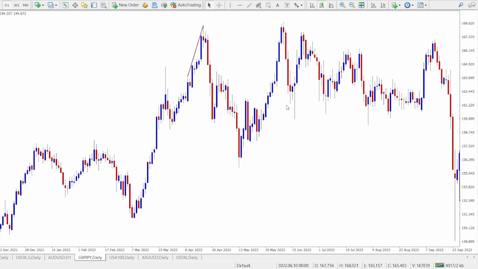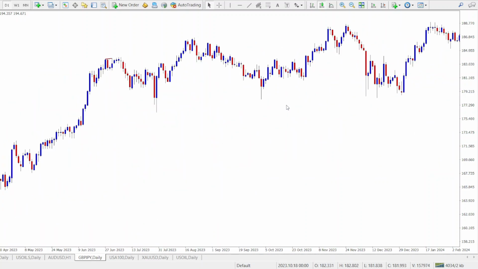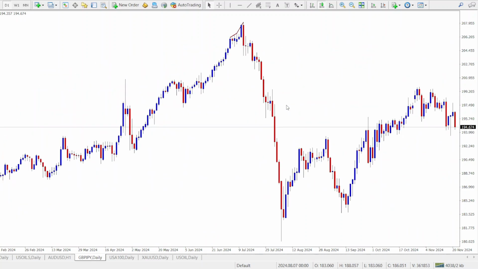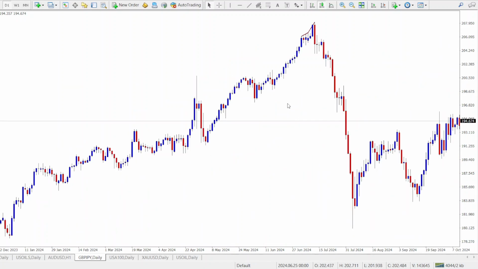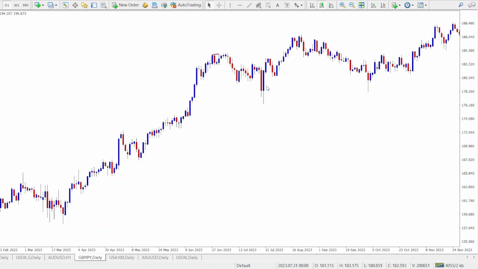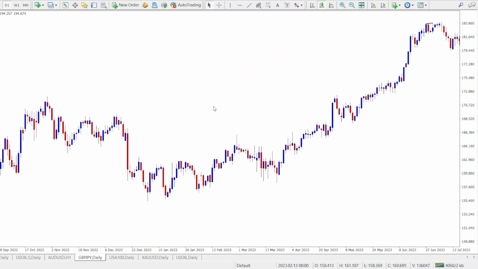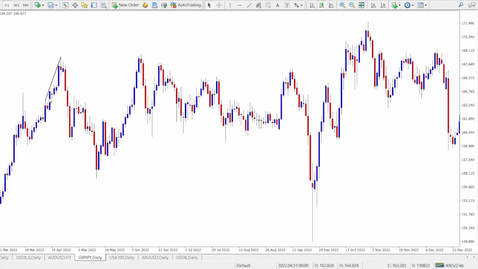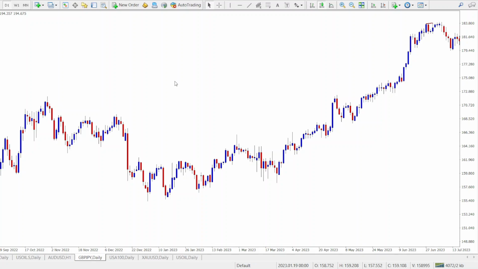Now, one thing to know with this indicator is that it helps you to identify divergence on the chart. It's only when a divergence signal has formed that you will find the indicator appear. That was the reason why I had to scroll back to check if I can find any levels where the indicator appeared on the chart, because divergence is a concept that may not always appear on the chart.